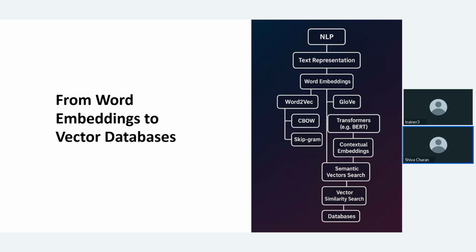Then comes vector similarity search. Based on similar vectors, it will do the search. Under similarity search we also have cosine similarity. How does it work? Cosine similarity fetches the relevant vectors.